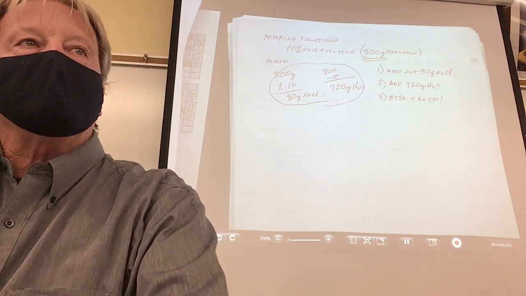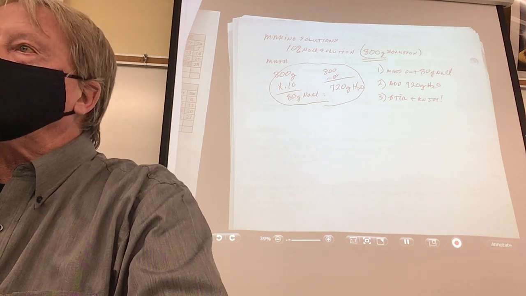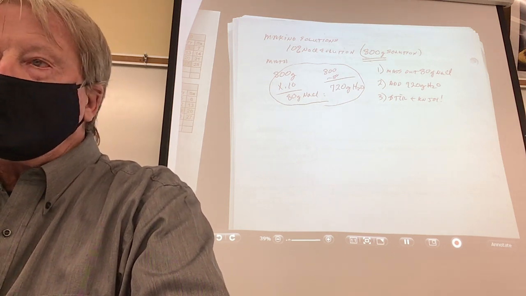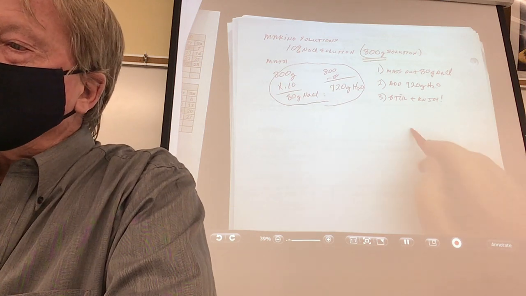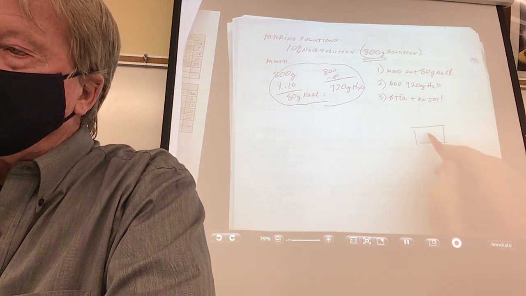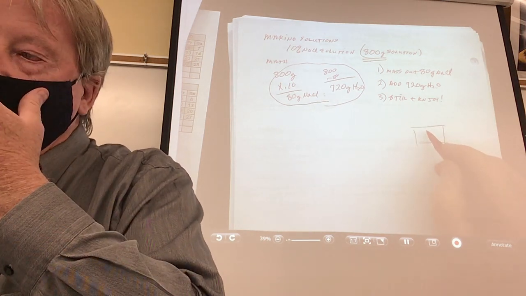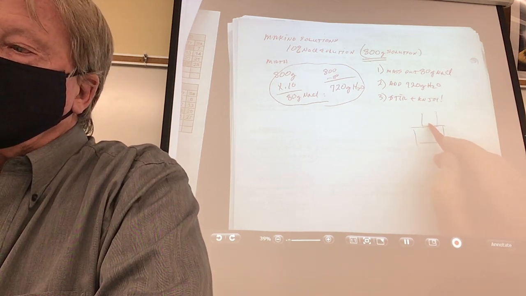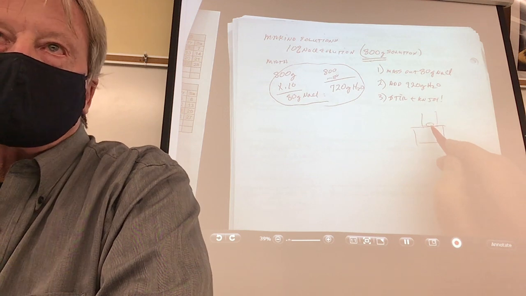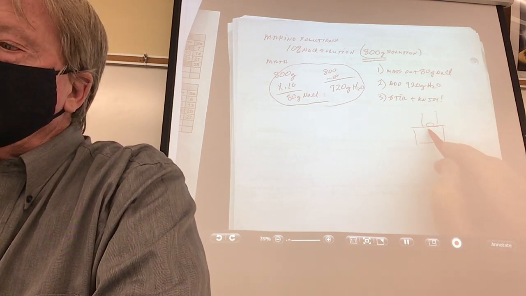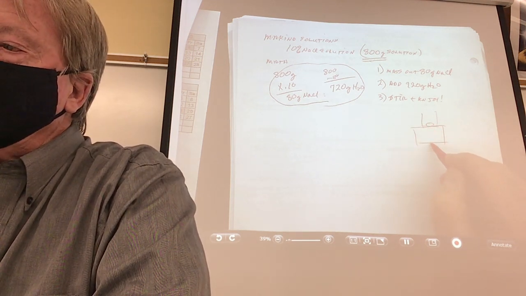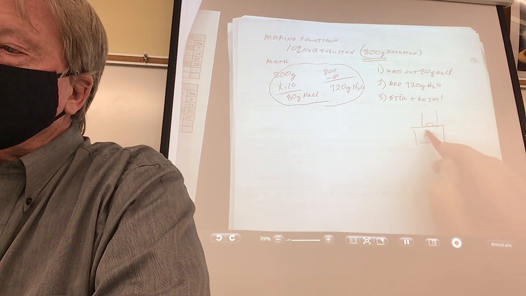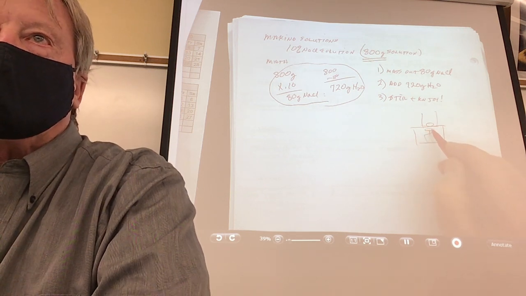And later, when you guys make your own solutions, I'm going to let you use a really neat little thing called a stir station. It's a little box you plug in. You probably saw this in 10th grade, but you put a beaker in there, and I have these plastic coated magnets that sit there. Underneath, you won't see it, but there's a motor attached to another magnet in the box.